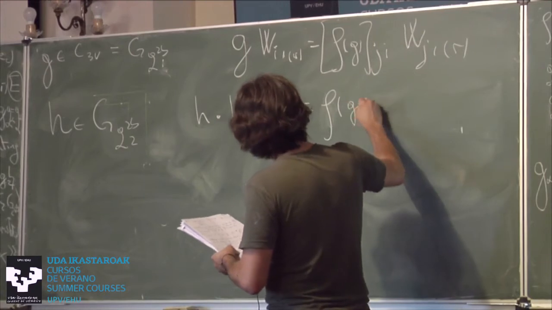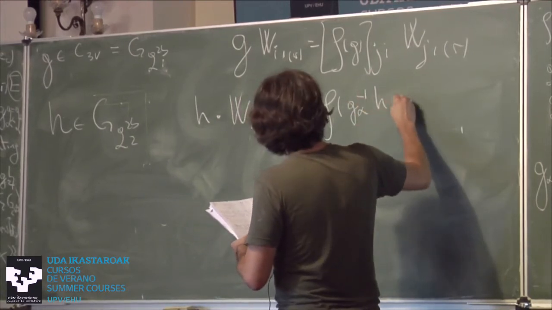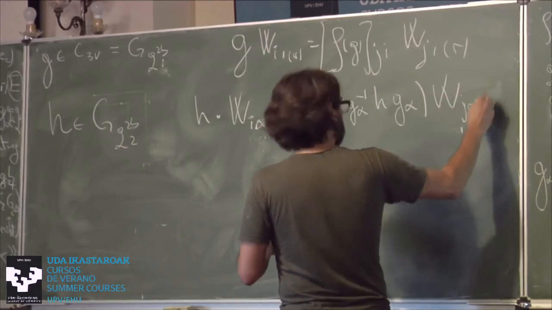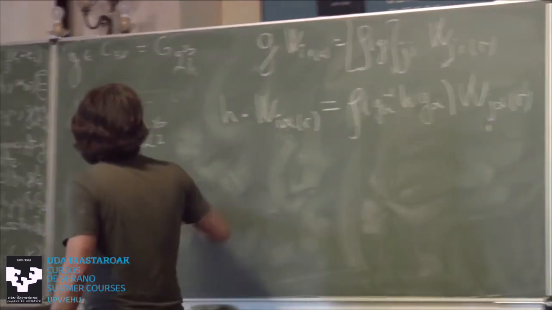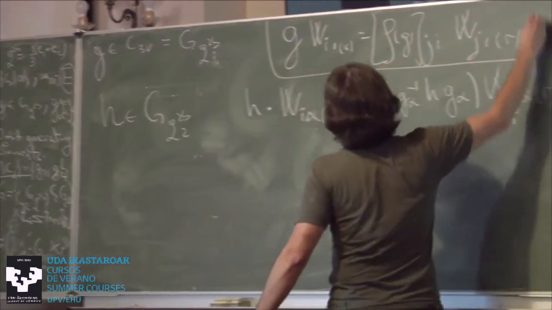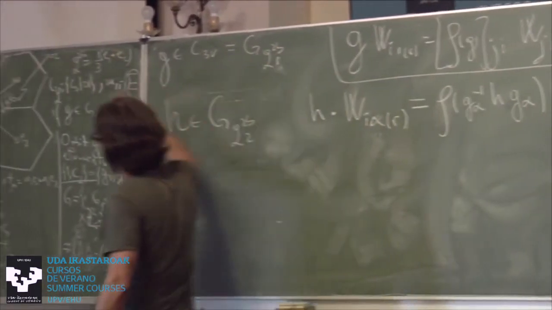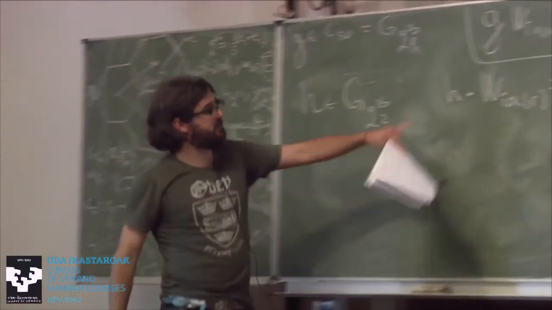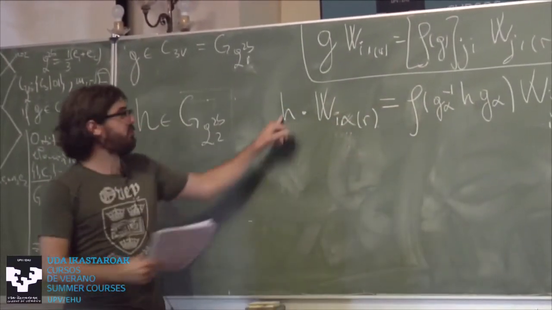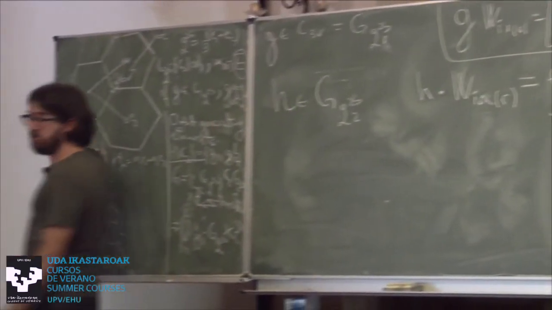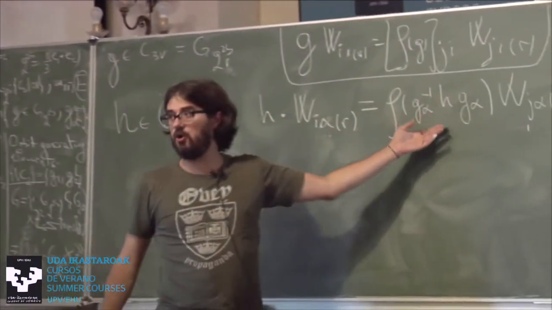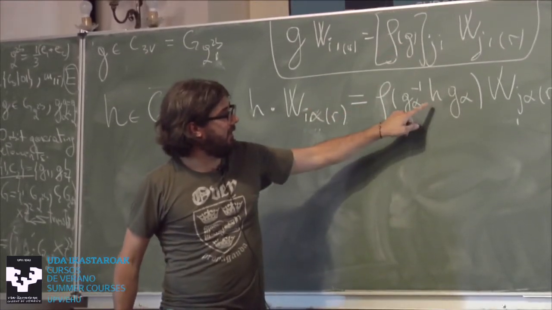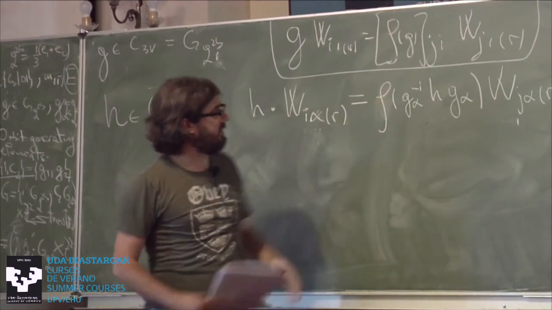This is just the representation. Okay? So if G belonging to the site symmetry group of this Wyckoff position acts as rho of G, then H belonging to the site symmetry group of this Wyckoff position acts as what's called the conjugate representation. Okay? So knowing this rho, I can find this rho.